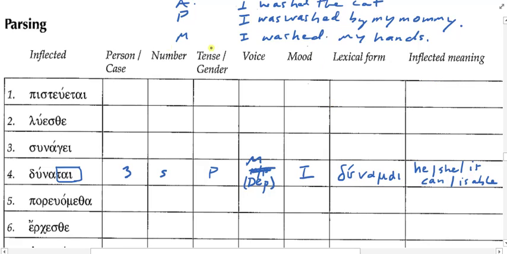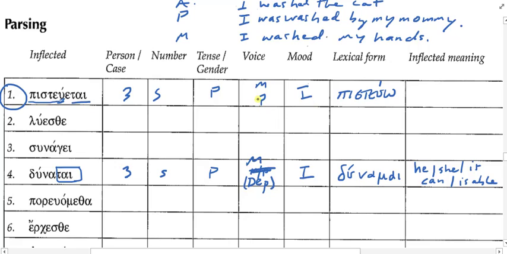There's going to be situations like in number 1 where that form, let's go ahead and look at it. We have another one with tai ending, right? So that's third singular. And instead of duna, I'm using pistou as my lexical form. So this is from pisteuo, and the parsing is going to be present, and this could be middle or passive, couldn't it?